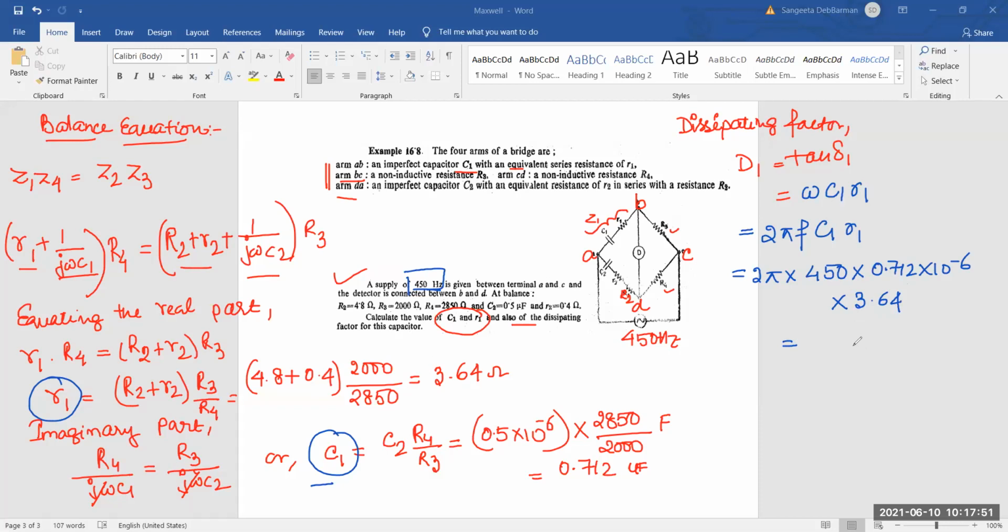I have also converted into farad, no? 10 to the power minus 6, I have multiplied. So tell me the actual value. It will be something 0.00, some values will be there. So do the calculation properly.